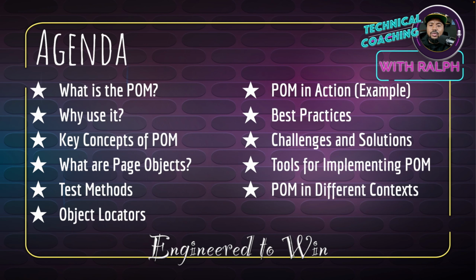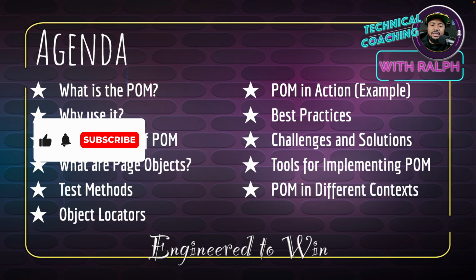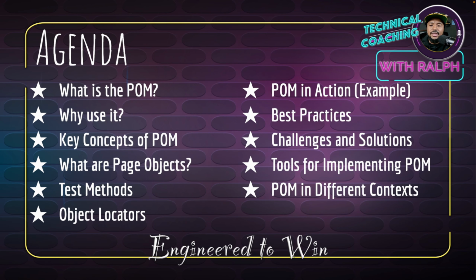And then we're going to talk about the best practices for implementing the page object model, some of the challenges and the solutions when we're implementing the page object model, then some tools that you can use when implementing the page object model, and then the page object model in some different contexts. So let's get started.